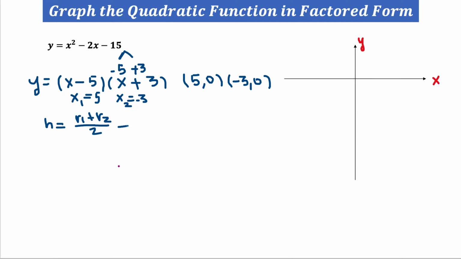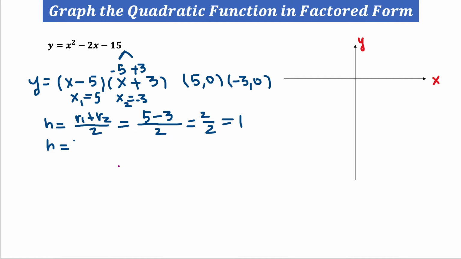Because I have two intercepts, I denoted them with index 1 and 2. Now I'm writing 5 minus 3, adding both of them, one is 5, the other is minus 3, and I divide by 2. 5 minus 3 is 2, and 2 divided by 2 is equal to 1. So the axis of symmetry h is equal to 1.